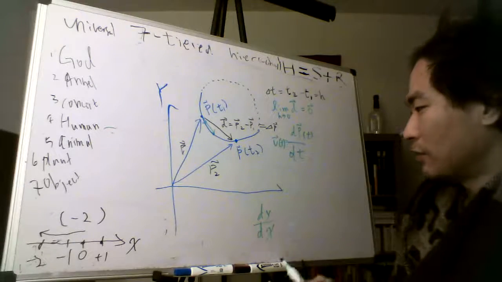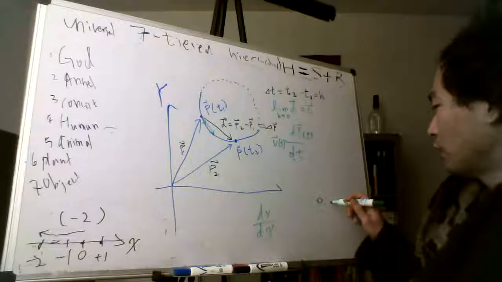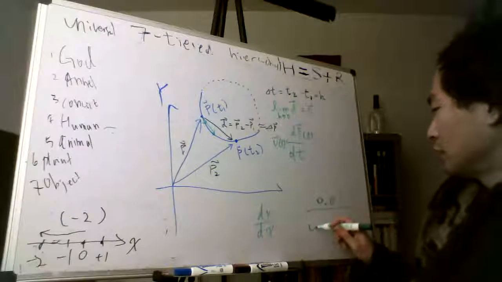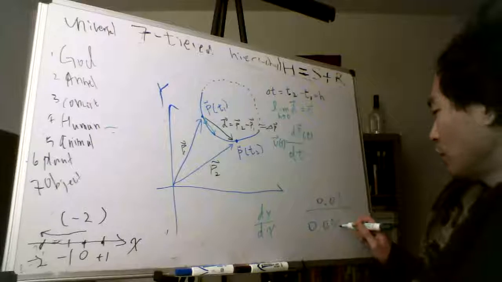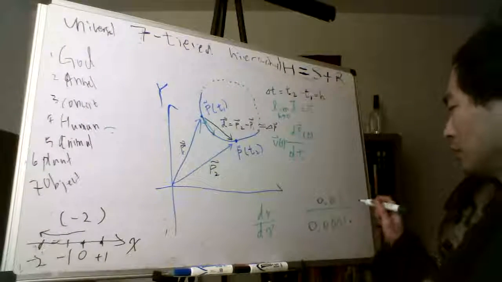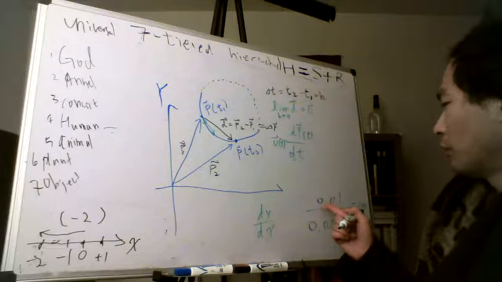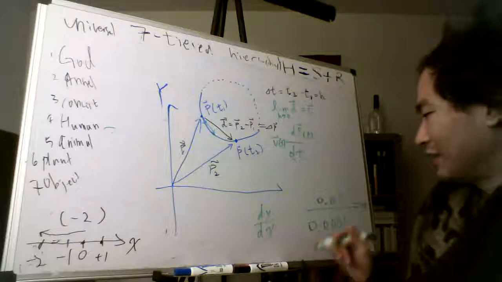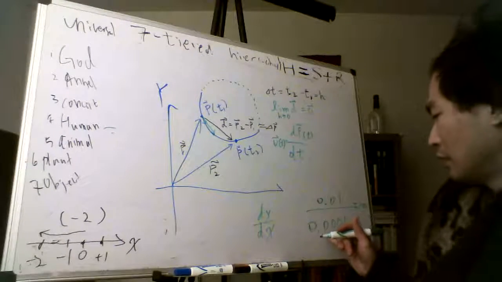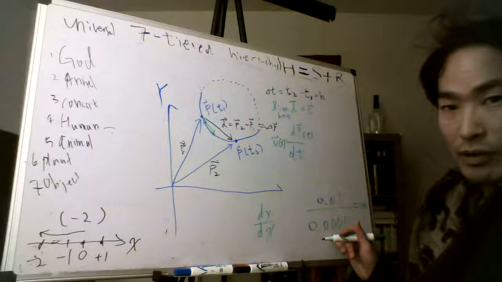For example, you have 0.01 divided by 0.0001, which is an even smaller number, is 100. A very small number can be amplified by dividing by an even smaller number.